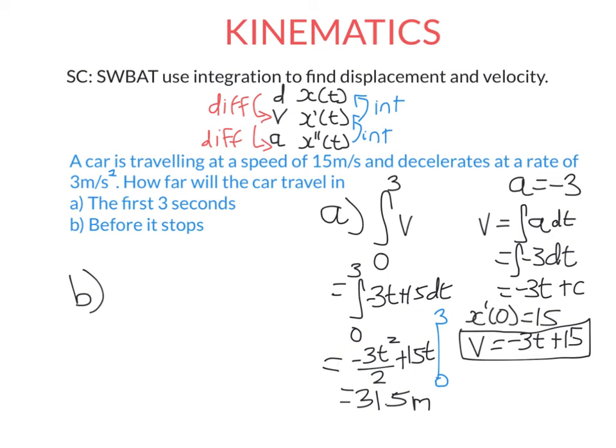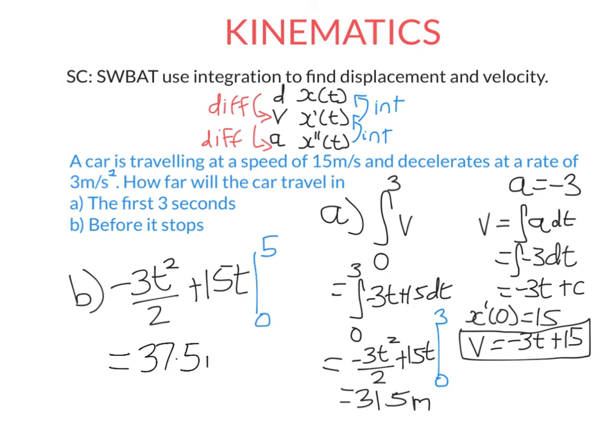This is the function for displacement, the integral of velocity, but this time I'm going to evaluate between 0 and 5. So if I substitute t equals 5 into this equation here, I get 37.5.